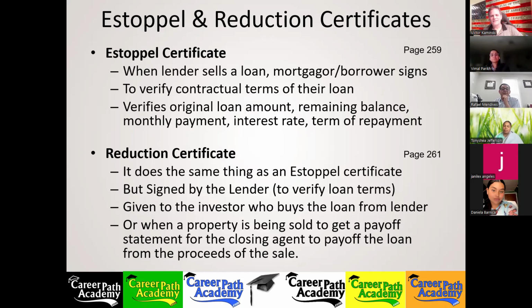But sometimes it's not even a matter of you signing it. Sometimes, by making your monthly mortgage payment and submitting that payment, you're verifying all this information. So that's another way of having an estoppel certificate. By your actions, it creates the contract.